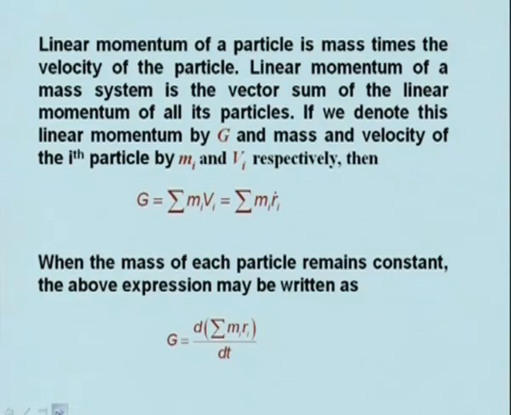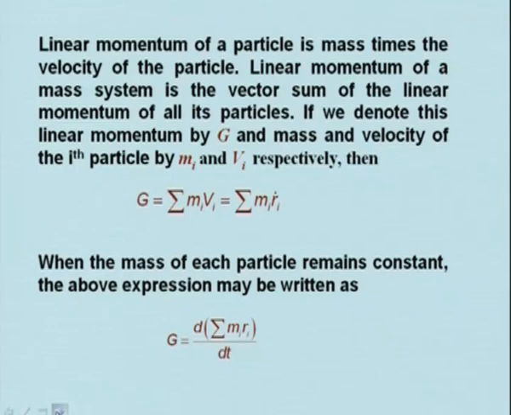Now linear momentum of a particle is mass times the velocity of the particle. It is the product of the mass and velocity, just a simple product. Linear momentum of a mass system is the vector sum of the linear momentum of all its particles, because momentum is a vector, whereas kinetic energy is a scalar.